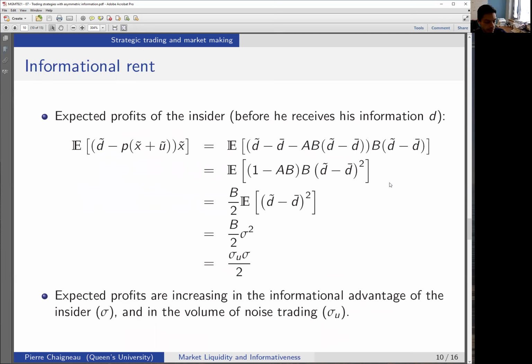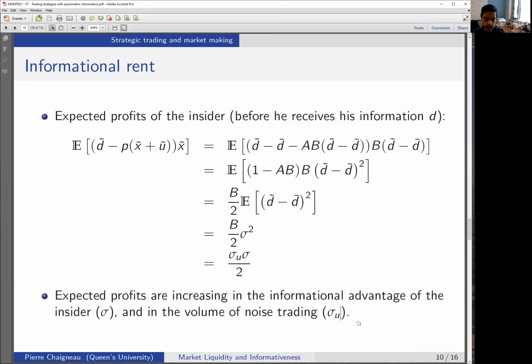The profits of the insider are also increasing in the volume of noise trading. This makes sense as well, right? Because the more noise trading there is, the deeper the market is going to be. And so the more aggressively the insider will be able to trade. Okay.